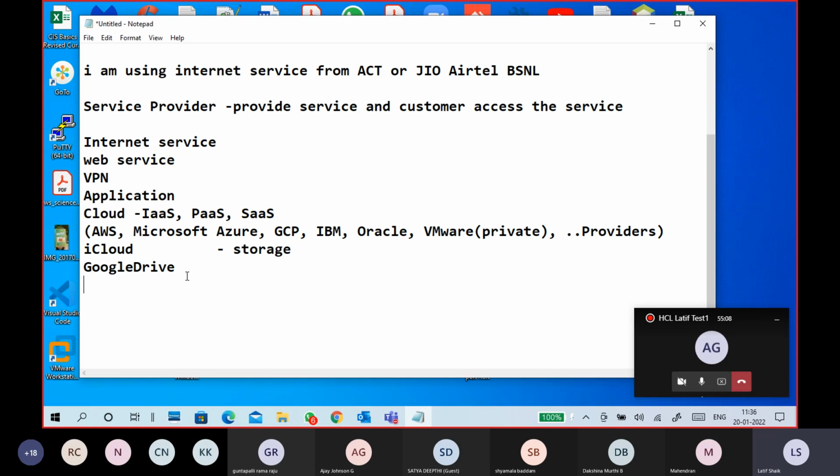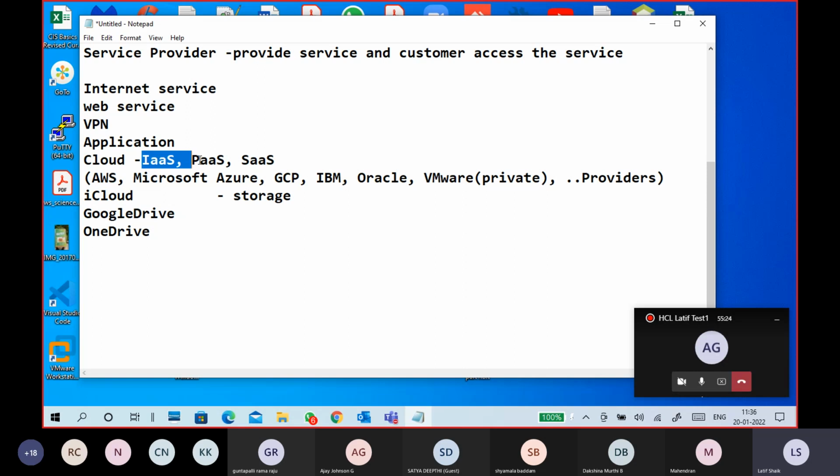Like a lot of things are there. OneDrive from Microsoft. OneDrive like that. Okay, guys, so different types of services are there. So anyway, when we open something, better to discuss at least a few examples in it.